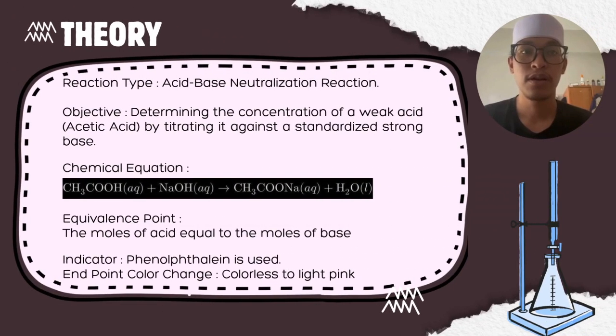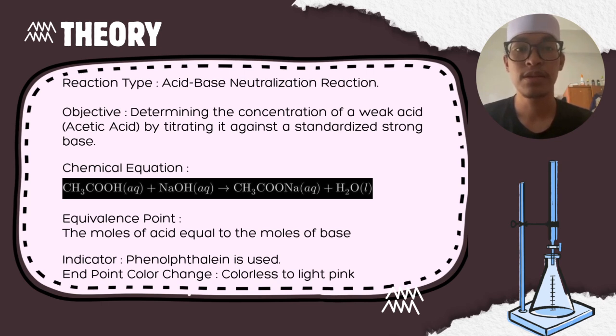Hello everyone, today I'll be walking you through the chemical theory and calculations behind our experiment. As you can see in the slide, our core objective is to determine the exact concentration of acetic acid, which is a weak acid found in standard vinegar, by titrating it against a standardized strong base, sodium hydroxide.